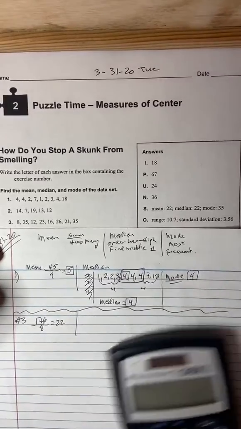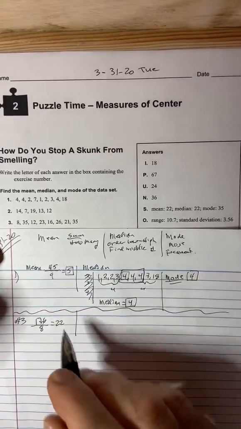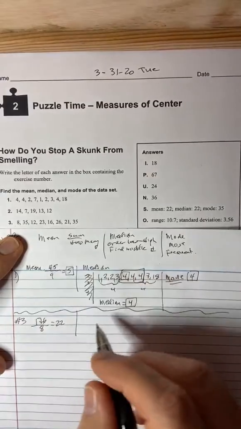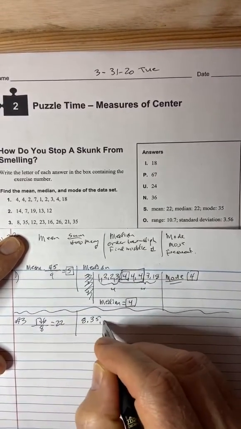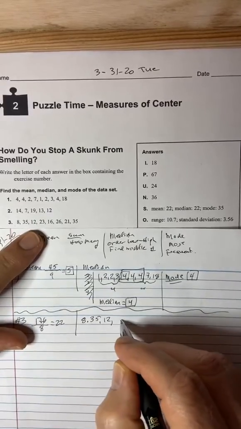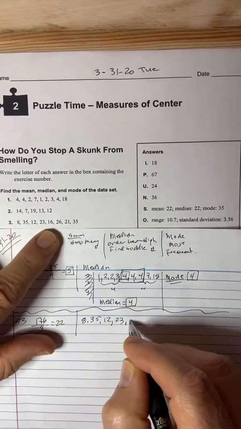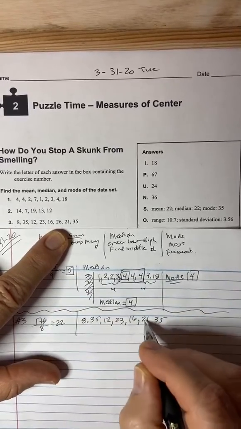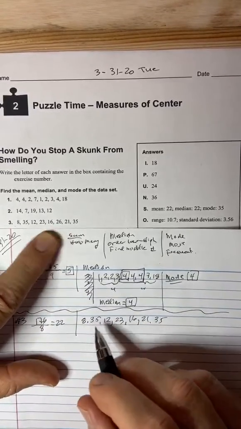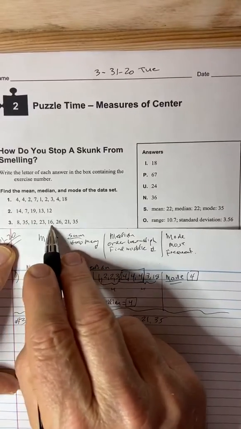All right, next thing we need to do is go ahead and put them in order. And so our numbers are 8, 35, 12, 23, 16, 21, and 35. 1, 2, 3, 4, 5, 6, 7. 1, 2, 3, 4, 5, 6, 7, 8.